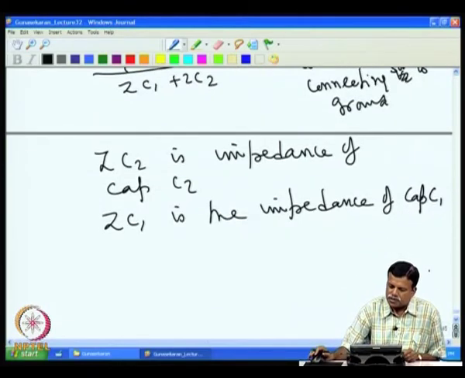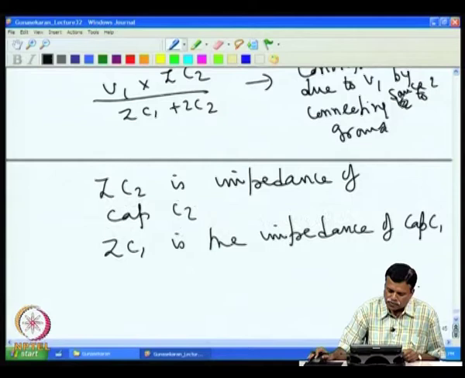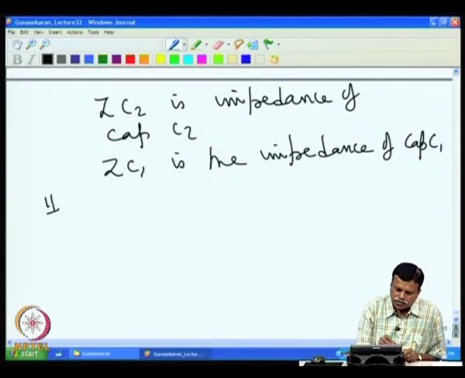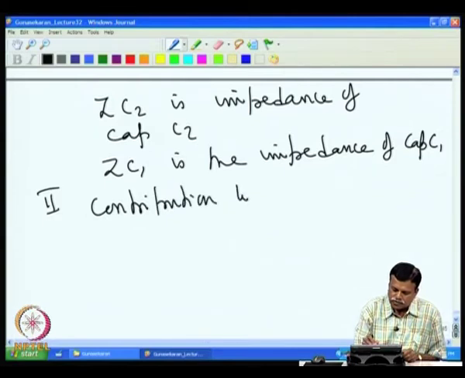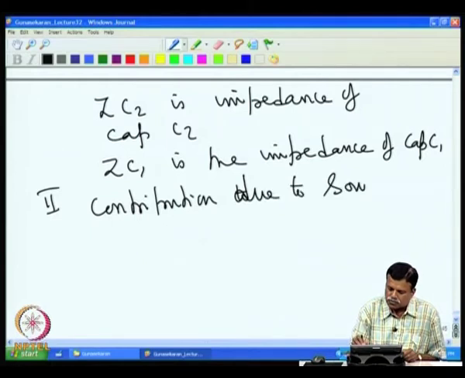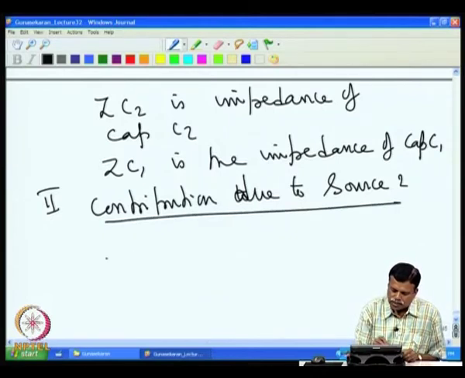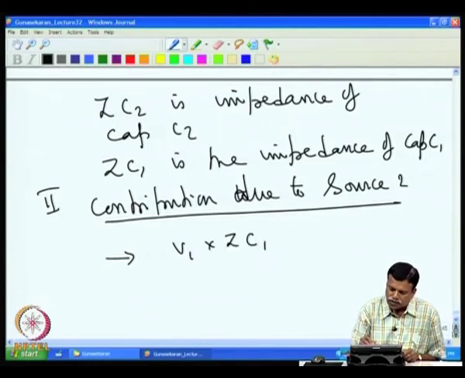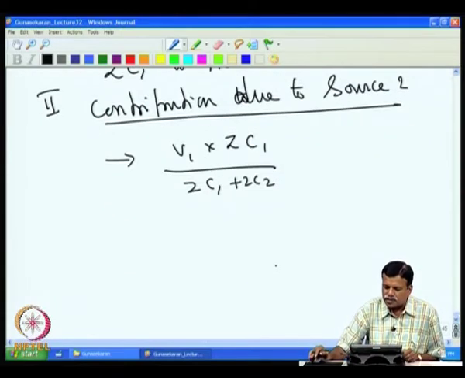Similarly, we can find the contribution due to source 2. Here we will get the contribution due to source 2 as V1, the excitation voltage, into ZC1 divided by ZC1 plus ZC2. So, adding these two will give the net voltage V0.